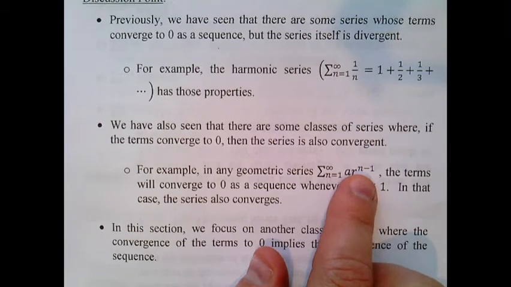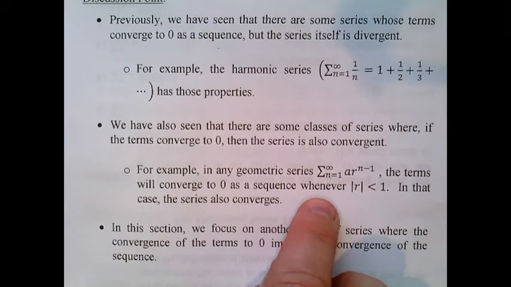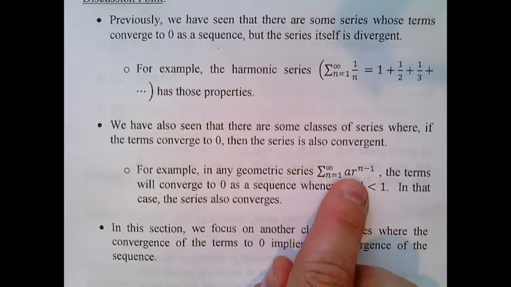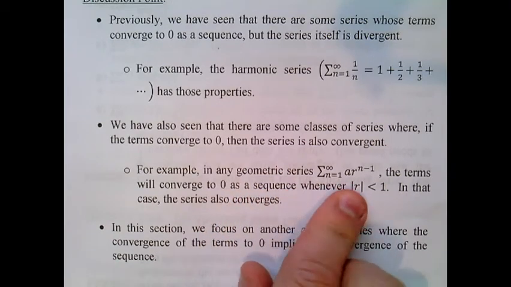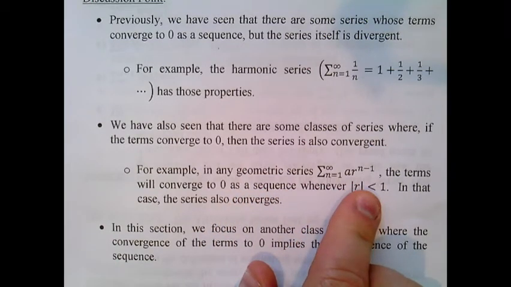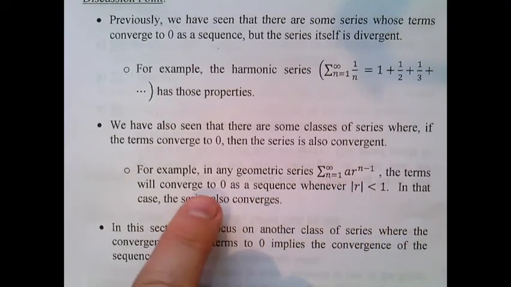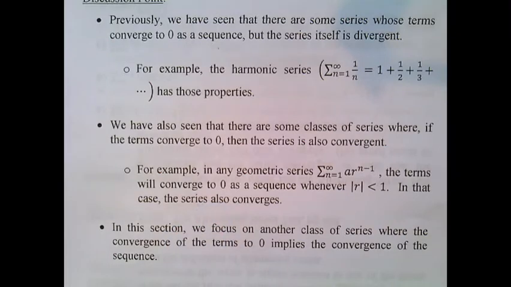For geometric series, if we think of the terms as a sequence, then that sequence will converge to zero as long as the absolute value of r is less than 1. But in that case, not only do the terms converge to zero as a sequence, it will also be the case that the series converges. And we even have a formula for getting the sum of that series, which is pretty nice. We'll review that later on.